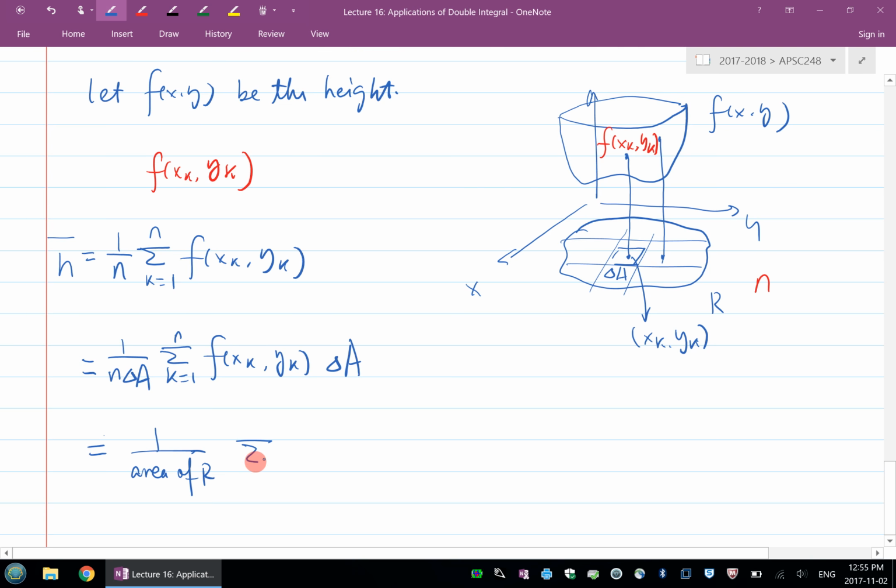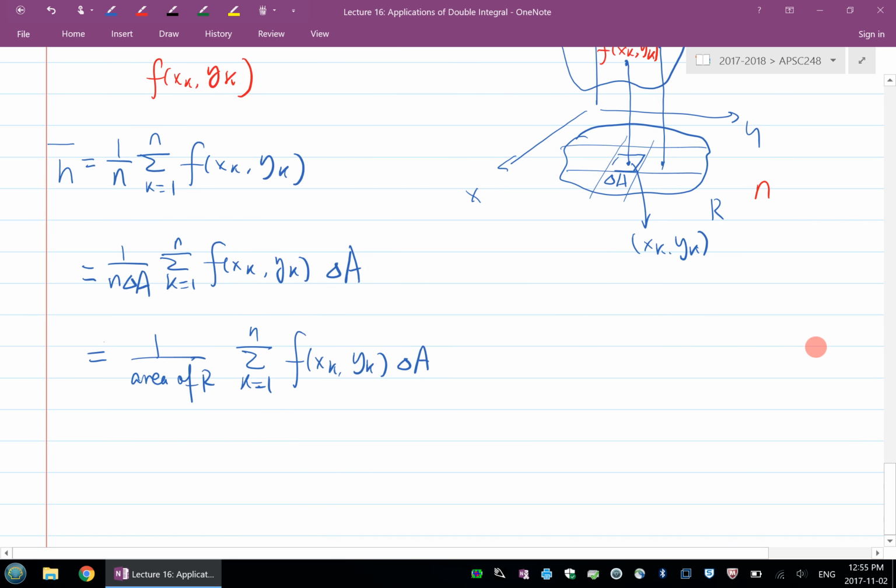Then let's rewrite the rest of them here. So that's the height approximated, right? That's a problem because you will only take n samples here. Now if n goes to infinity, you go from approximation to precision. So if you let n go to infinity, then this height will become the average value.